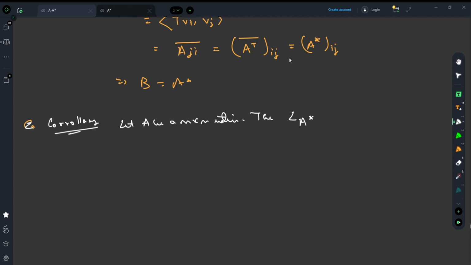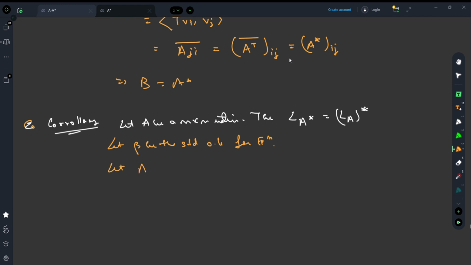What I try to say is that if I start with a matrix, I can say the same thing about the linear operators induced by those matrices. So let A be an n cross n matrix. Then the linear operator induced by the adjoint of the matrix A will be the same as the adjoint of the linear operator induced by the matrix A. How can we show that?